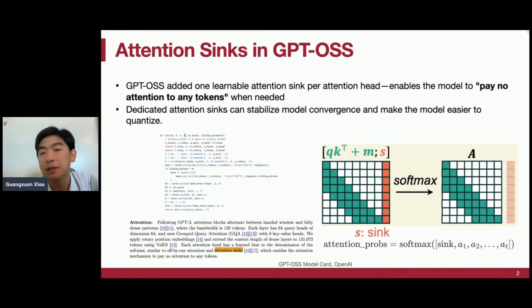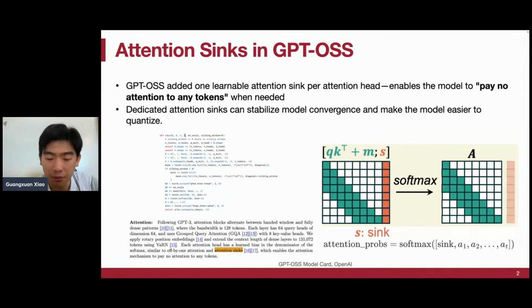It's really nice. In its code, you can see that there is a sink parameter passed into the attention function. When computing attention, we append a column, which is a learnable scalar for each head. When computing the attention probability, we compute the softmax over the sink plus all the tokens' attention logits.